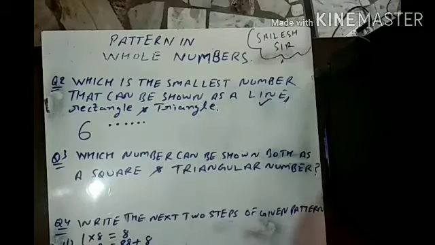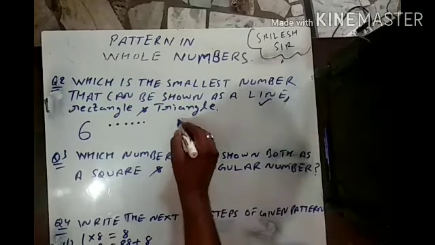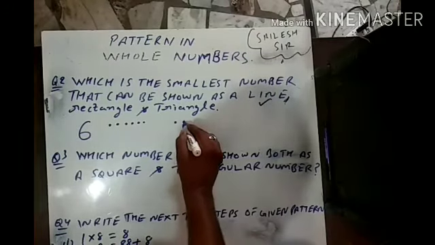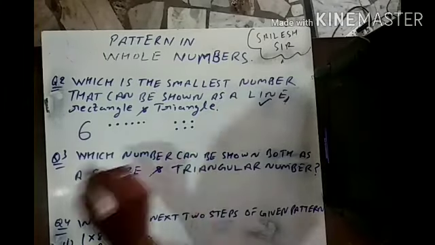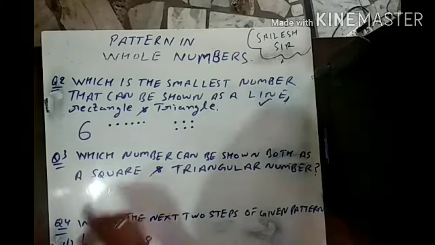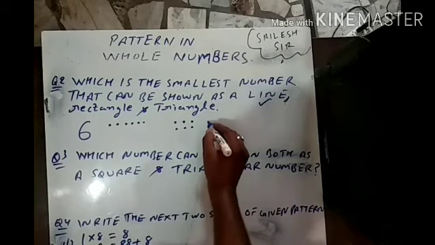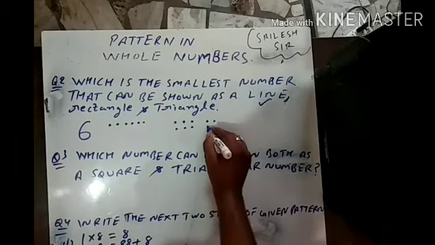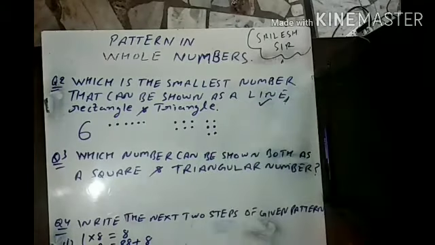This is the first. After that, we have to convert this into a rectangle. 1, 2, 3. 1, 2, 3. This can be represented as a rectangle. And another form of rectangle is this.